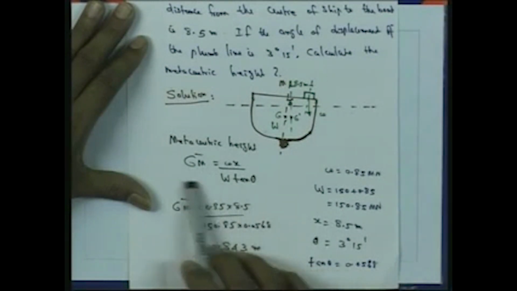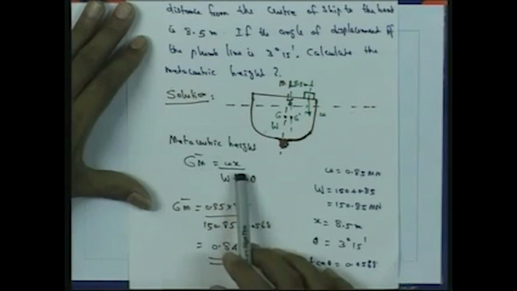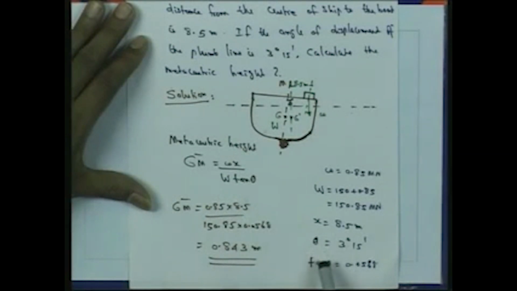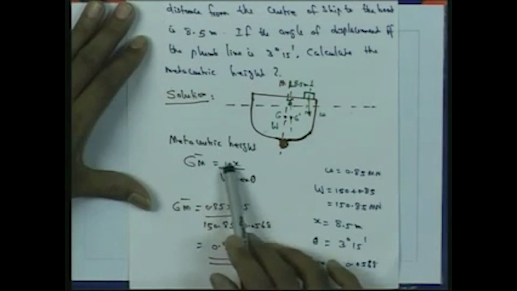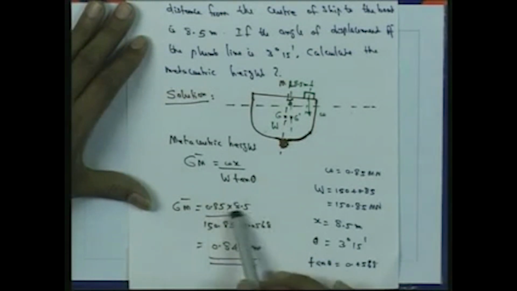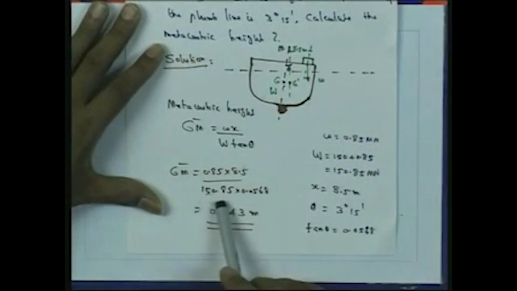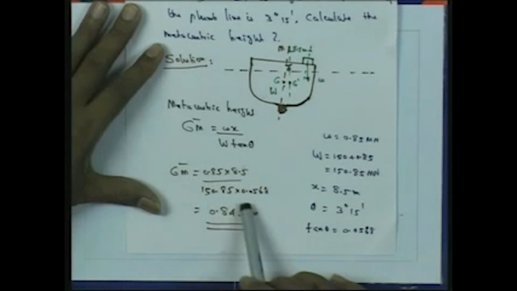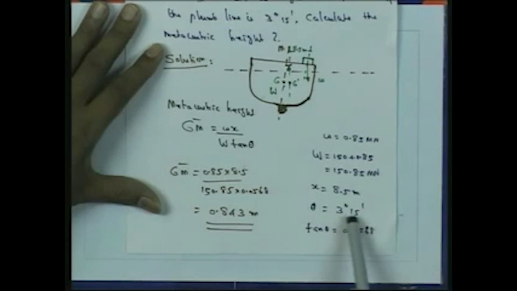So the metacentric height GM is equal to w x divided by capital W tan theta. That is 0.85 multiplied by 8.5, divided by 150.85, the total weight, into tan 3 degree 15 minutes, which is 0.0568.